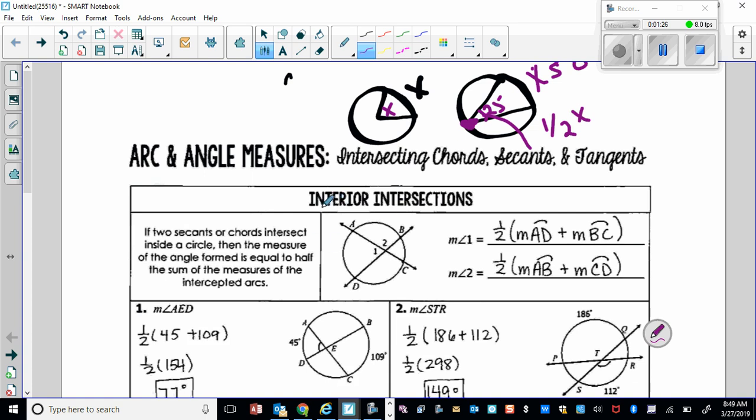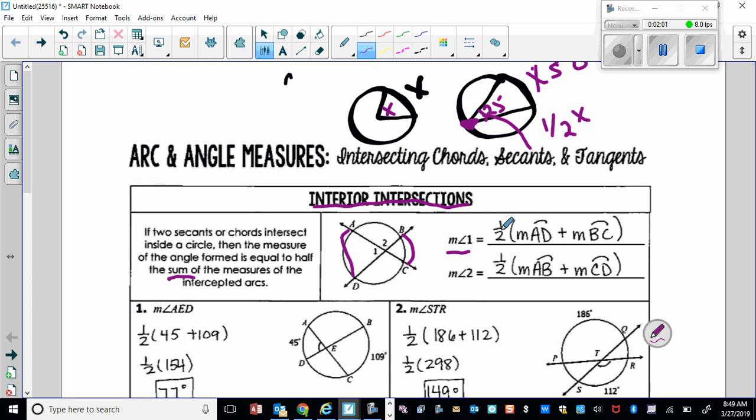Now we are going to have an intersection of two chords or two secants creating an angle inside. It's not at the center, it's not on the circle, it's inside. If two secants or chords intersect inside a circle, then the measure of the angle formed is equal to half of the sum, that's the keyword, of the measures of the intercepted arcs. So the measure of angle 1 is half of the intercepted arcs, which are BC and AD.